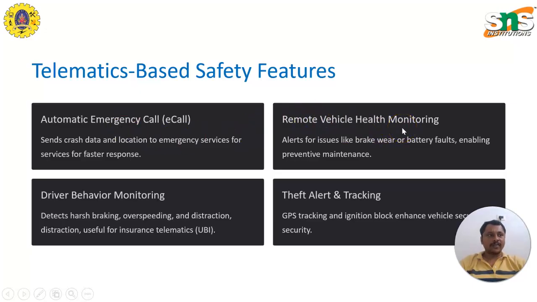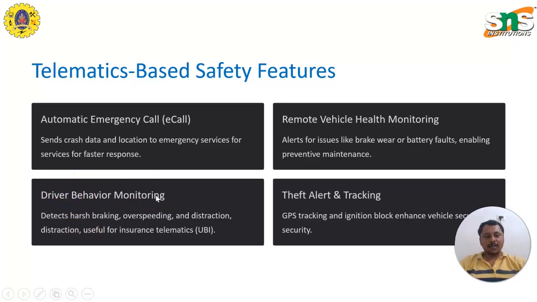I already told you the vehicle's data is stored in the cloud and it can be accessed. For example, Rolls-Royce not only manufactures vehicles, they also manufacture aircraft. The sensor data are stored, and if any system malfunctions, that data can be used by the manufacturer.